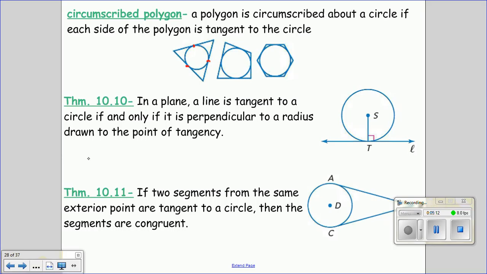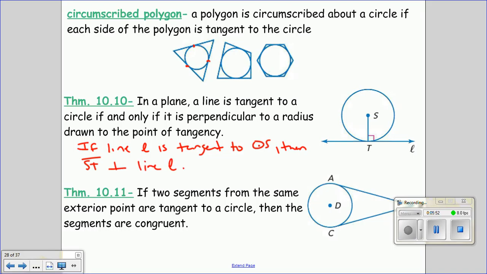So what this is saying is, if line L is tangent to circle S, then ST, which is your radius of the circle, is perpendicular to line L.